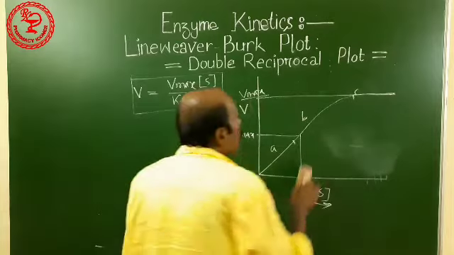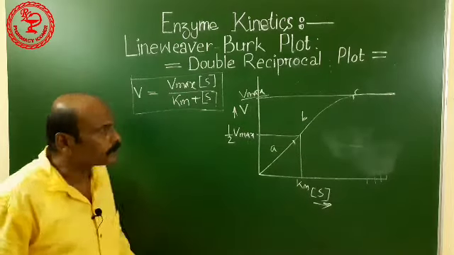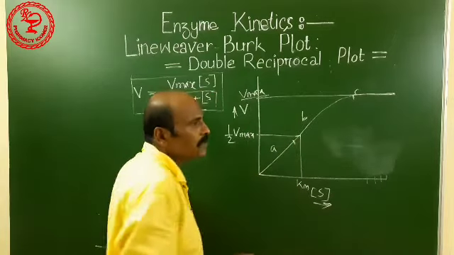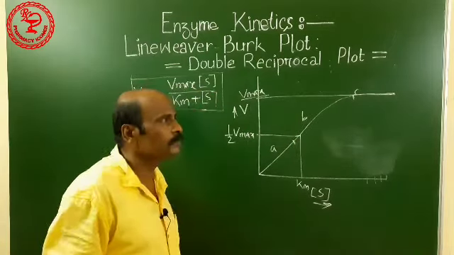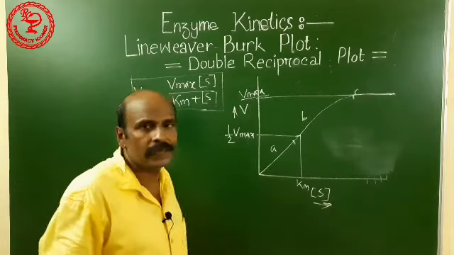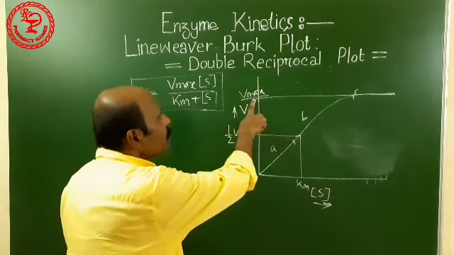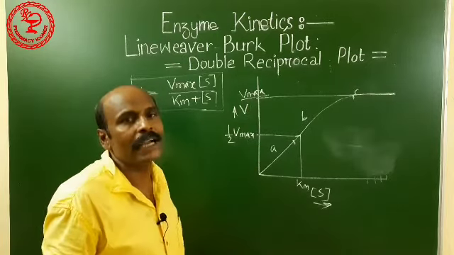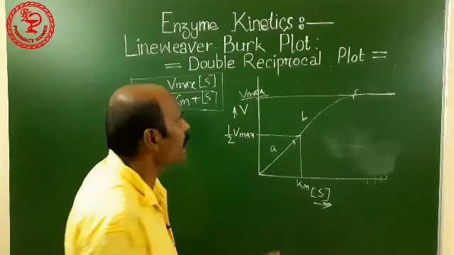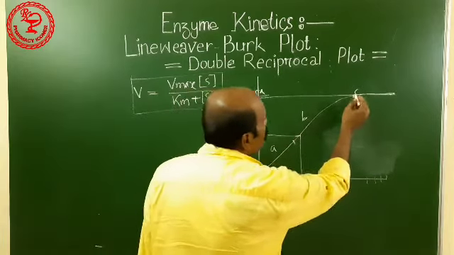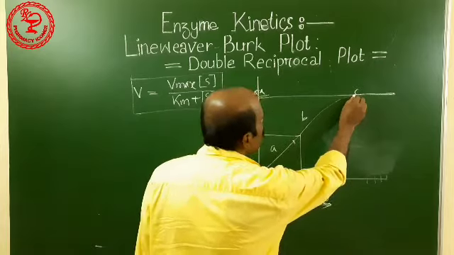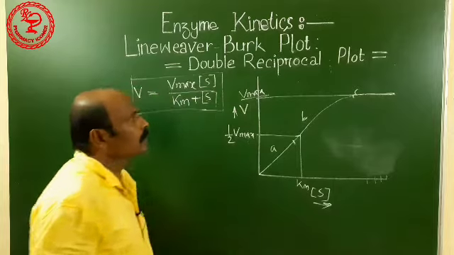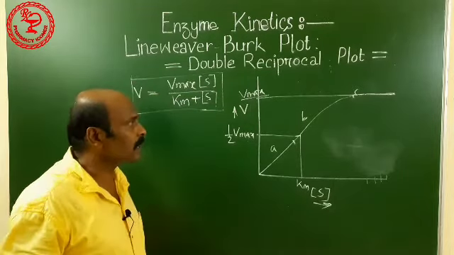So this is a hyperbolic curve. The demerit of this curve is that we cannot calculate or estimate the Vmax, maximum velocity, correctly or accurately. Why? Because it is a hyperbolic curve, it is not clear where it reaches the maximum velocity. So this is the demerit of this curve.